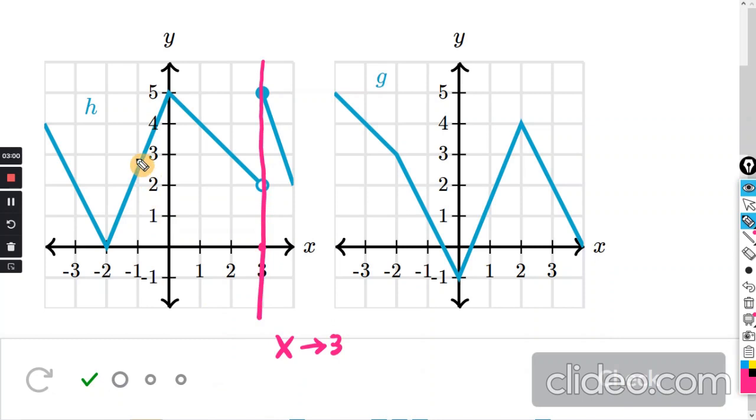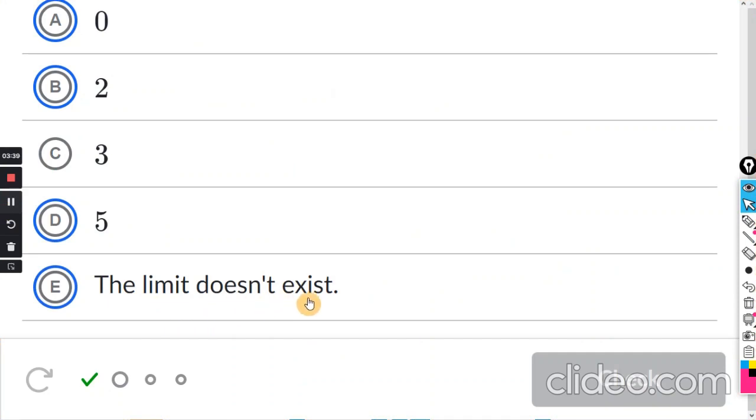On this graph, we're coming from the negative side, x approaches 3, y equals 2. From this side, going to x equals 3, we land here. That's going to be y equals 5. It's a mismatch, so what we have here is DNE, does not exist. The limit doesn't exist.